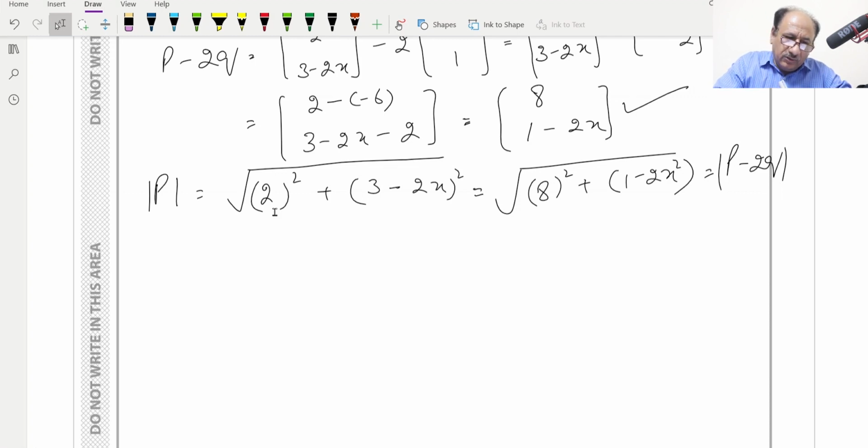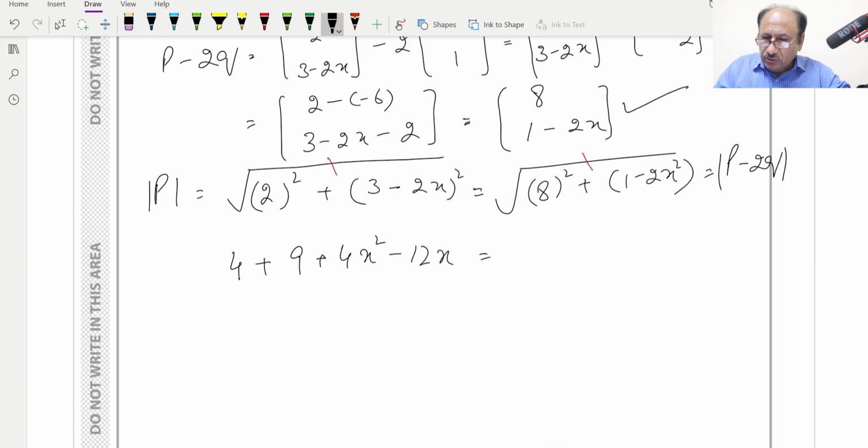So if we remove these square roots, our equation will be 2 square will be 4, plus square of this one we can open it as 9. 3 square will be 9, plus this will be 4x squared, and minus 2 into 3 is 6, 6 into 2 will be 12, so 12x, and this is equal to 8, 8s are 64, plus this should be square also, so 1 minus 2x square will open the square, and it will be 1. 1 square will be 1, plus 2x square, the square should be outside like this.